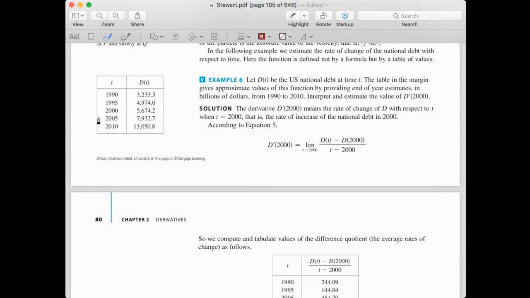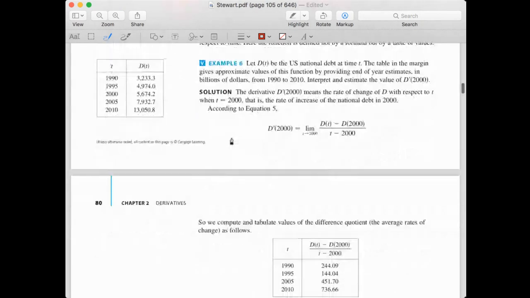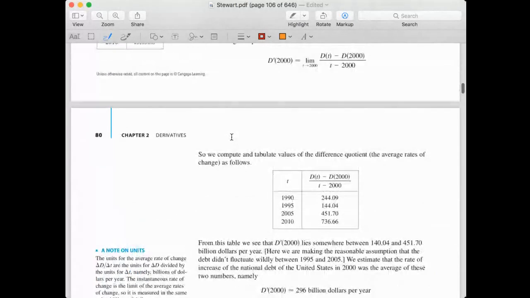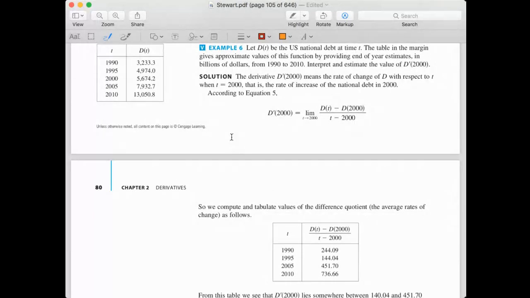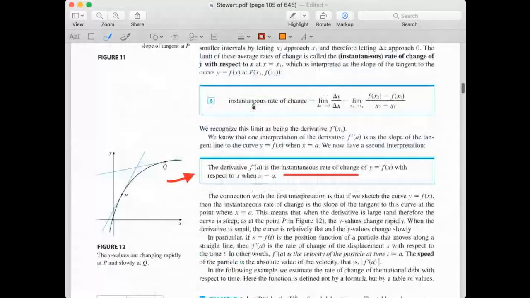So according to equation 5, hold on one second. Oh, okay, equation 5 is the definition.